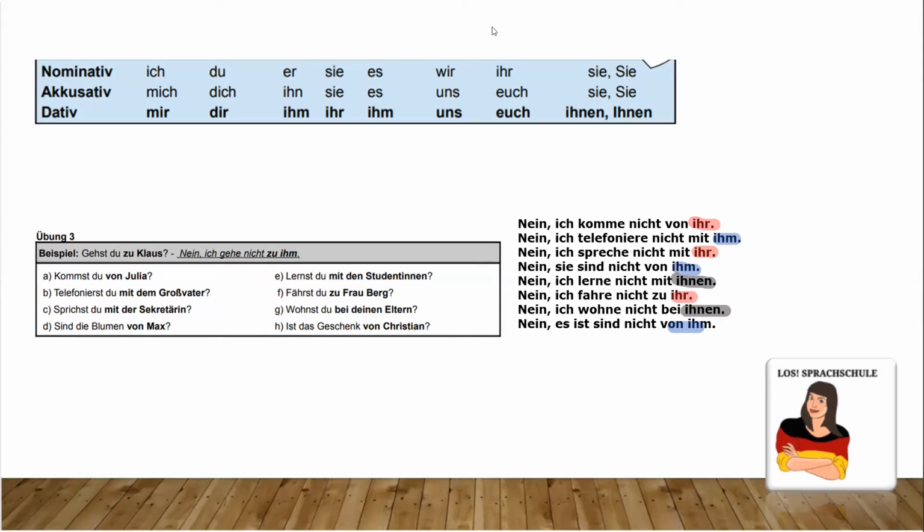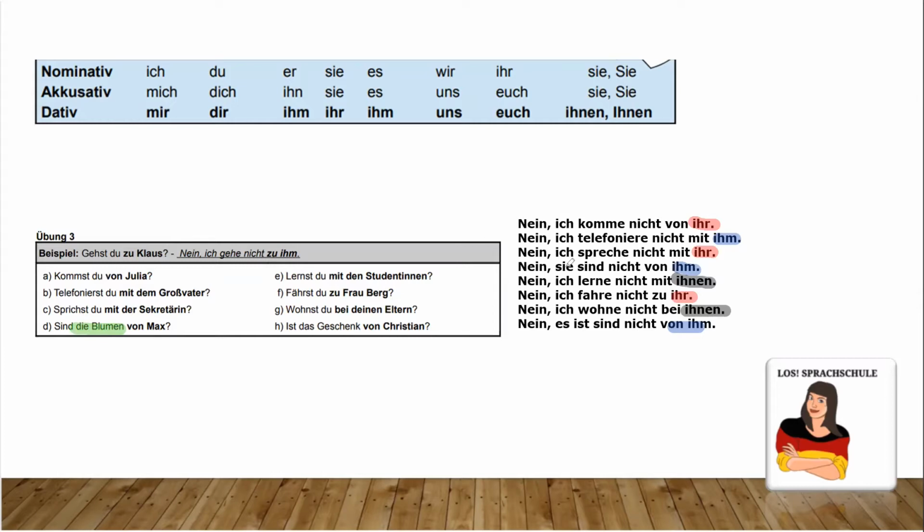As you can see here, I also substituted in two cases the nominative. The first one is die Blumen, the flowers, and we can also substitute it, as I said, just because it is a thing and not a person, it doesn't mean that it does not have a personal pronoun.